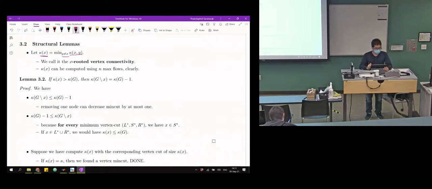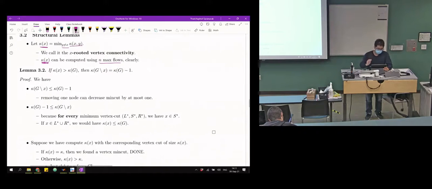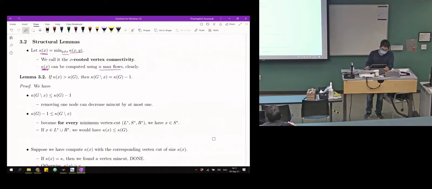Okay. So clearly you can compute kappa of x in n max flows, right? So that is nothing. But now suppose somehow that you know that the rooted connectivity of x is strictly more than kappa.